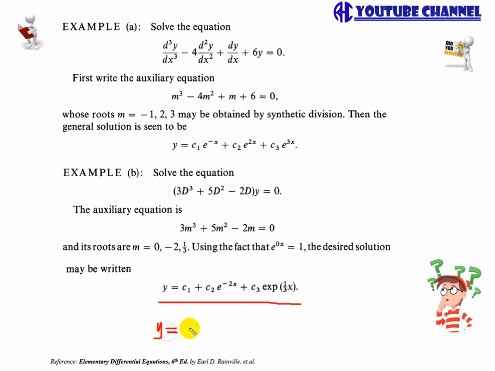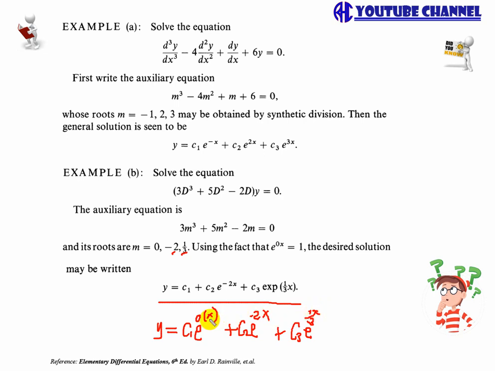Y is equals to C1 a raised to 0 times x plus C2 a raised to, sa second roots natin, that's negative 2, that is negative 2x plus C3 a raised to the negative 1/3, so that is 1/3 times x.